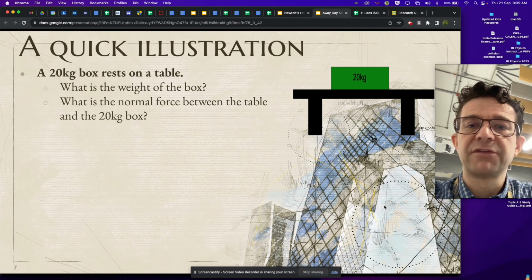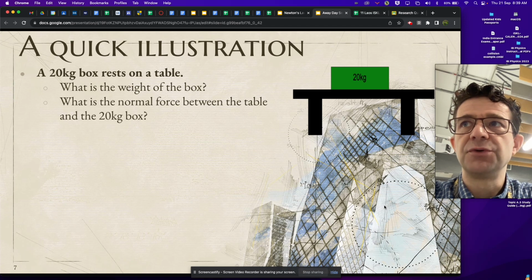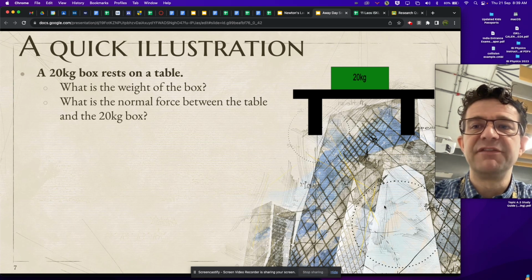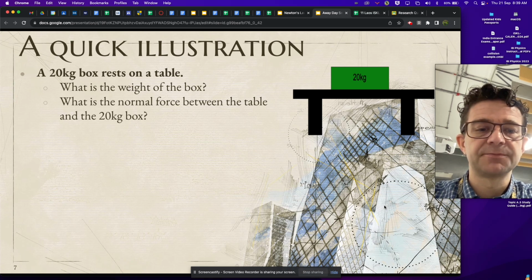And so the upward force on it has to be 200 newtons so that the total force is equal to 0. So your final free body diagram would involve an upward arrow, normal force of 200 newtons, and a downward force of 200 newtons from force of gravity. That would give you an acceleration of 0.